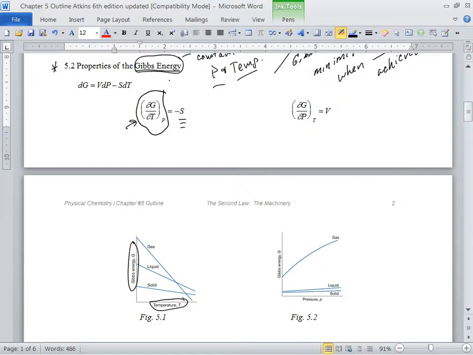Does it make sense? Which state has the highest slope? The grandest slope? The gas. Does that make sense? Yes. Why? Because you're staying as a gas the whole time. All you're doing is changing the temperature and seeing what the Gibbs energy is.